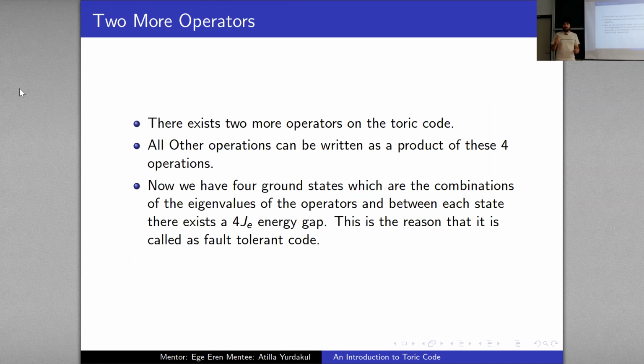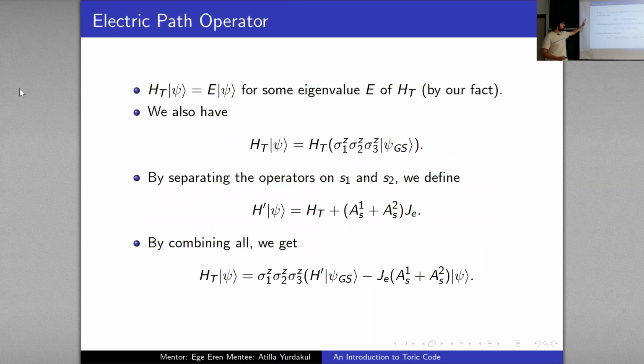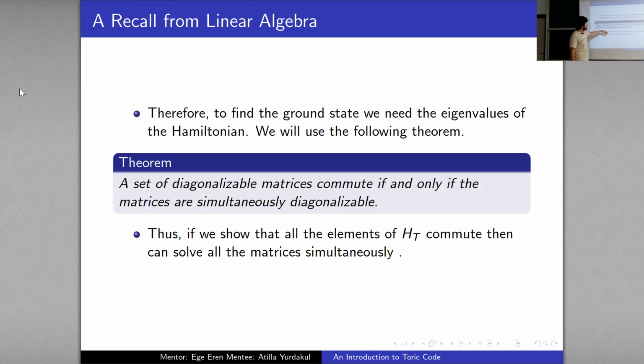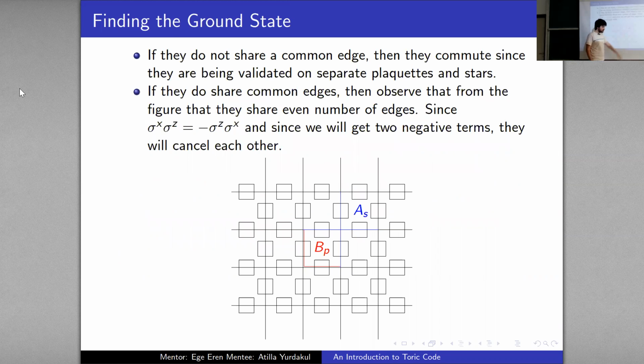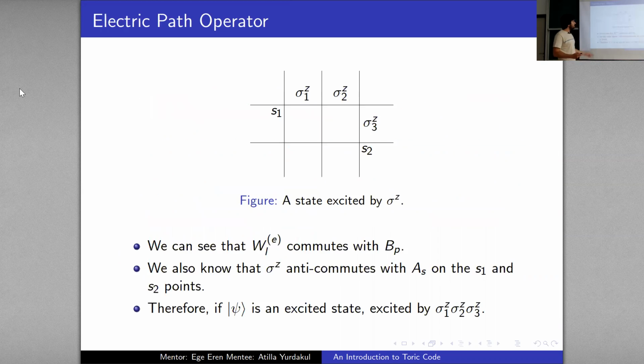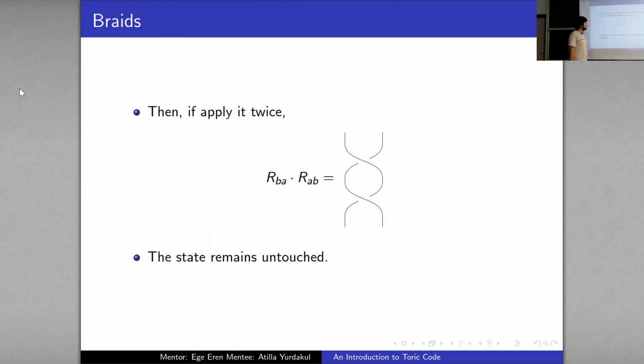There are two more operators in the Toric code. The word toric comes from the torus, because we define all these lattices on the torus. These are embedded into a torus. And we have two more operations in the Toric code.